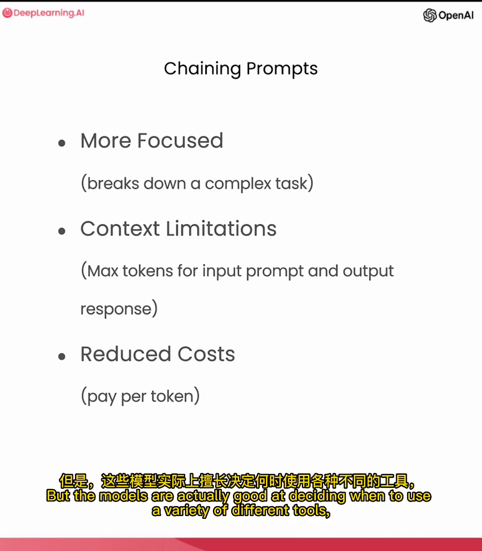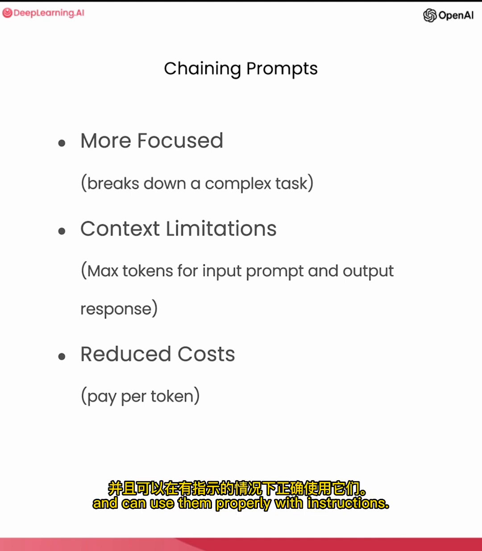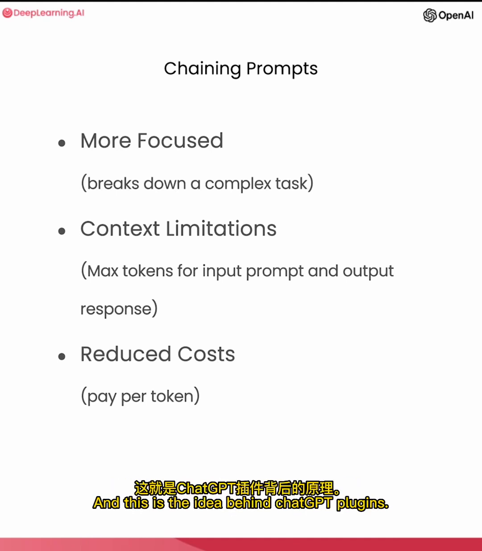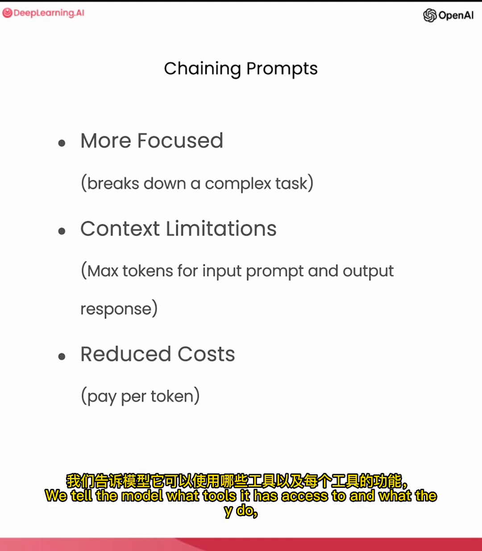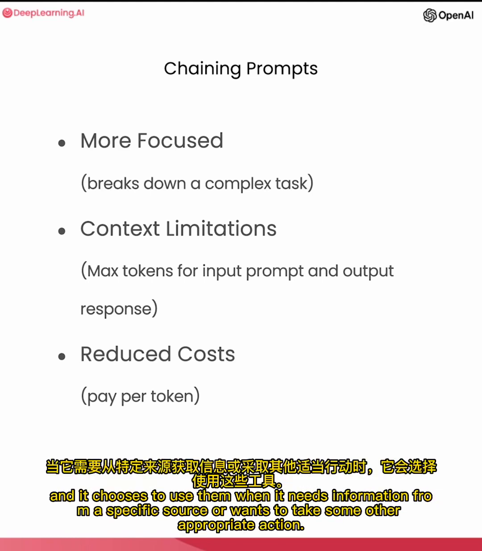But the models are actually good at deciding when to use a variety of different tools and can use them properly with instructions. And this is the idea behind ChatGPT plugins. We tell the model what tools it has access to and what they do, and it chooses to use them when it needs information from a specific source or wants to take some other appropriate action.